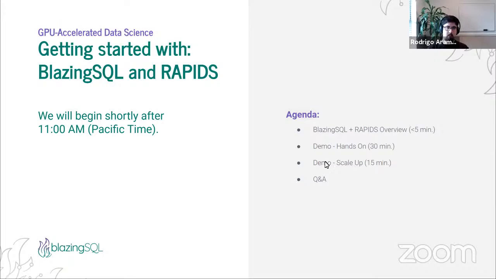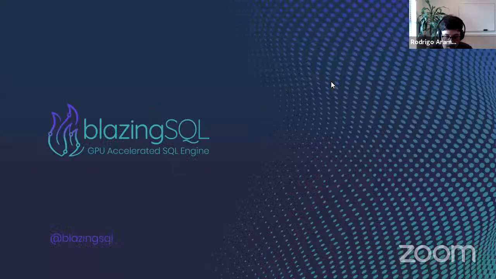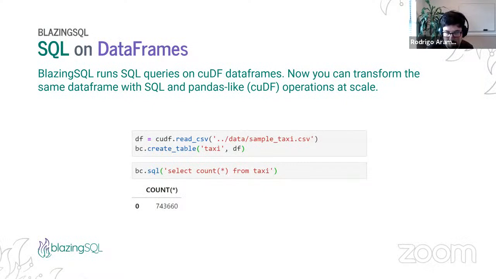So let's just get started. For anyone who's not familiar, Blazing SQL is a GPU accelerated SQL engine. It does all the computational components of SQL query processing on the GPU itself, which enables us to gain a lot of benefits in terms of performance when it comes to running queries.